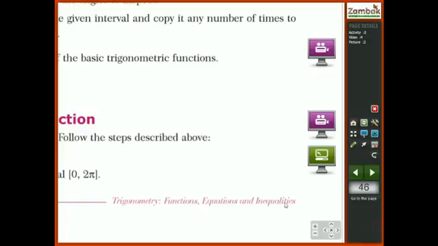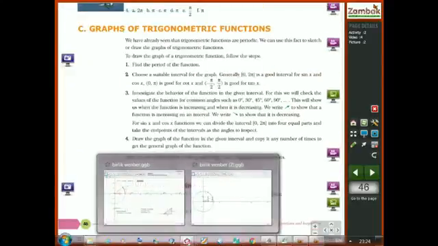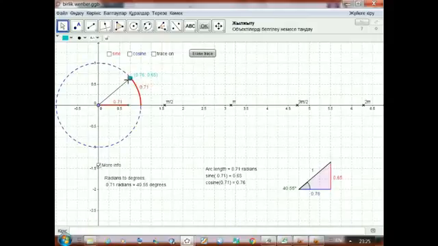Okay guys, now let's try to understand this with the help of this GeoGebra program. As you see here, this is a unit circle, and the length of this arc shows us the measure of this angle in radians.